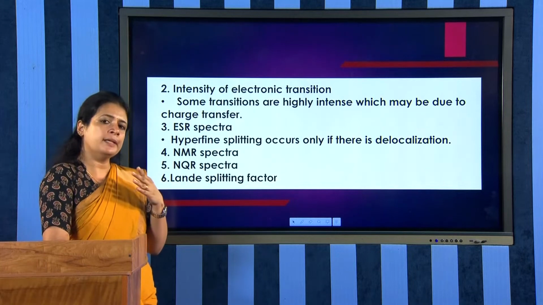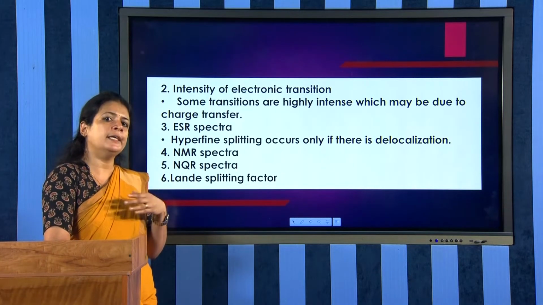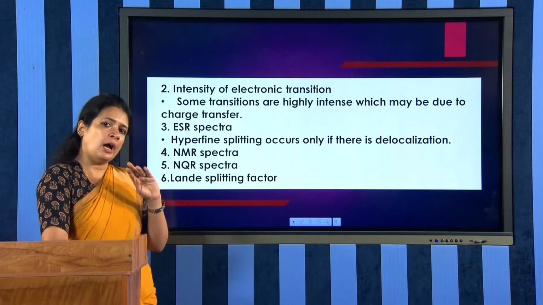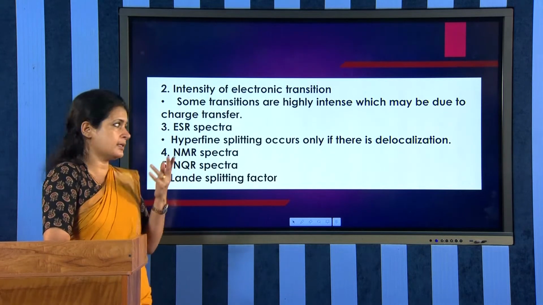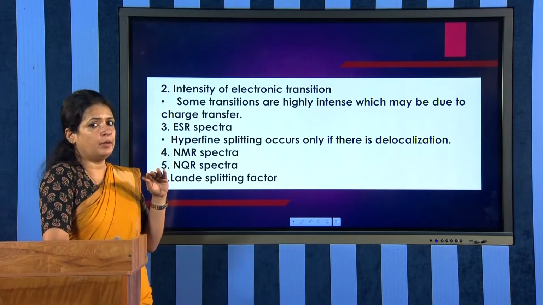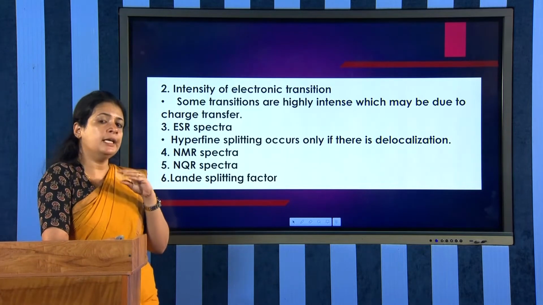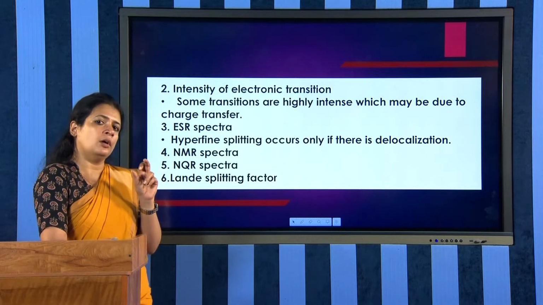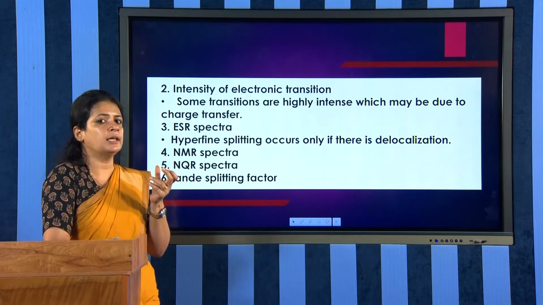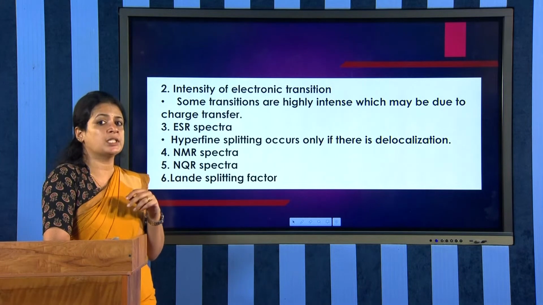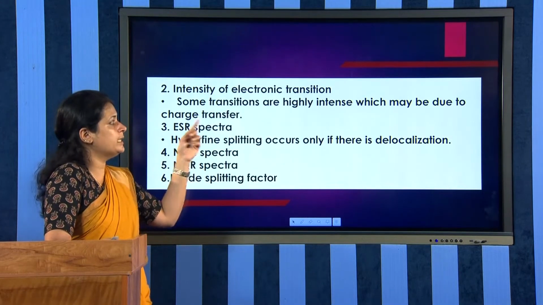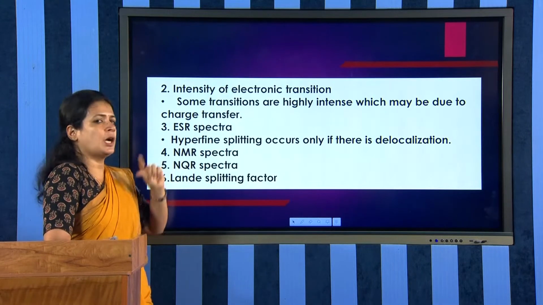Complexes which are not capable of d-d transition still show colors. They may have high intensity colors, and the occurrence of those colors was attributed to charge transfer transition. Some transitions are highly intense, which may be due to charge transfer.